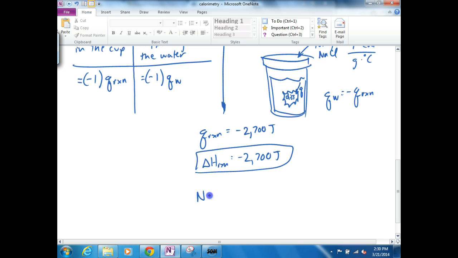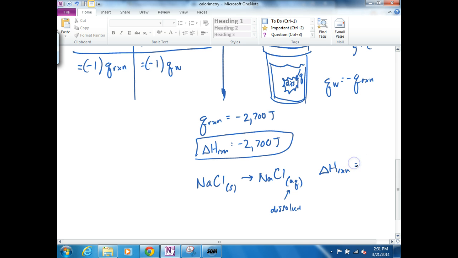So let's say I write it like this: NaCl solid turning into NaCl aqueous, which means dissolved. This is just an equation for the dissolution of salt. Then I would write delta H of reaction.